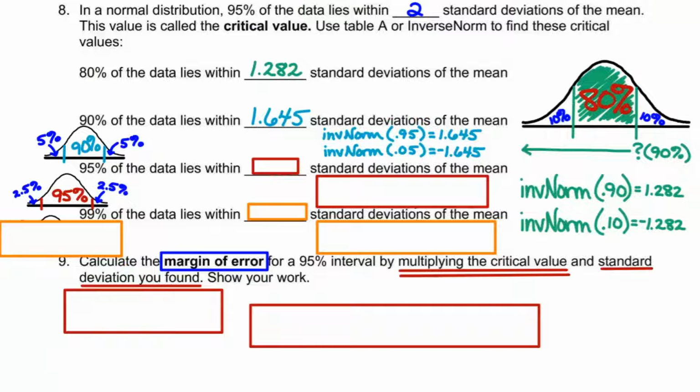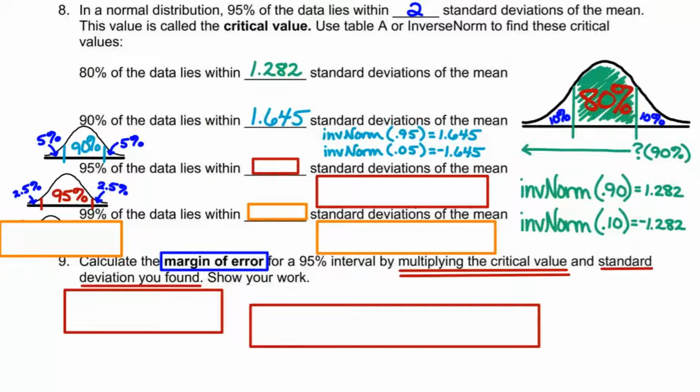So, because for like the 80 one, why did you just take the 90 away? I was finding how many standard deviations away from the mean this end was. This end over here is exactly the same number of standard deviations away, but to the left. That's why it's a negative. Yep, you don't have to do both tails because they're going to come out the same. You can do just one of them. If you do the one on the left, you took whatever the leftover percent is and you cut it in half.